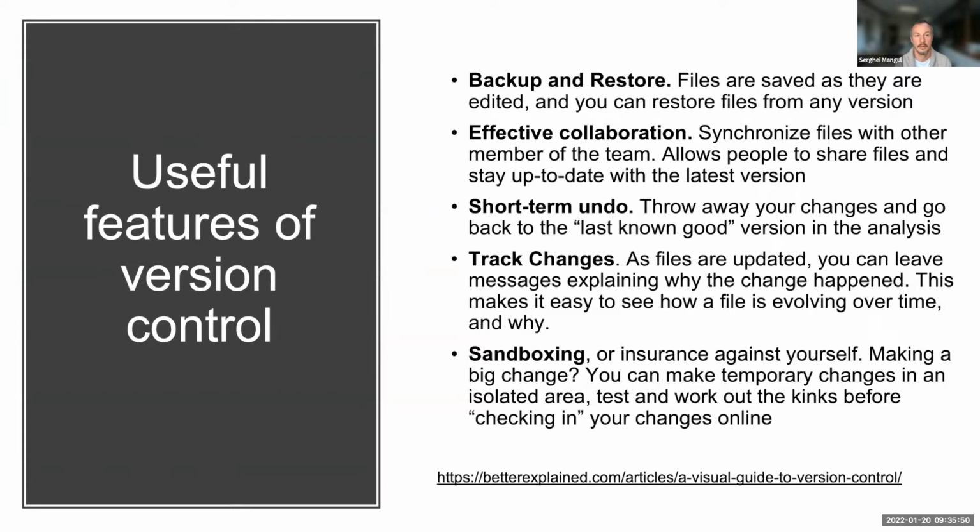If you feel that you went in the wrong direction, you can always go back to the last known good, the moment you think you were right, and try to change something from there. Then track changes: as the file is updated, you can leave messages explaining why the change happened.